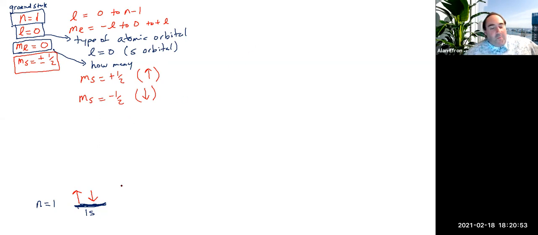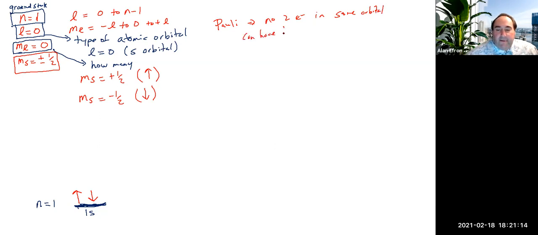Okay, so why do we really need to sort of put it in opposite directions? So remember that Pauli's exclusion rule was no two electrons in the same orbital can have the same 4 quantum numbers.